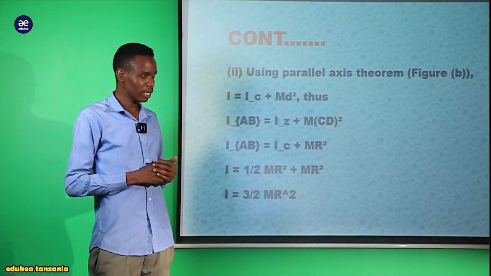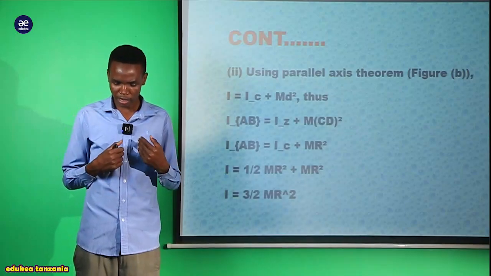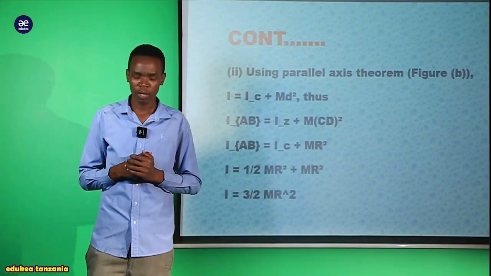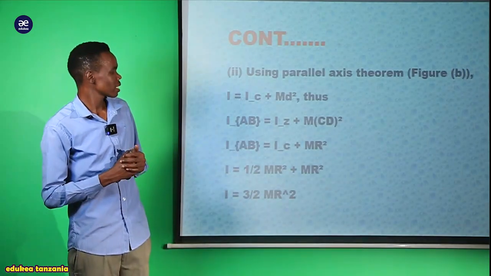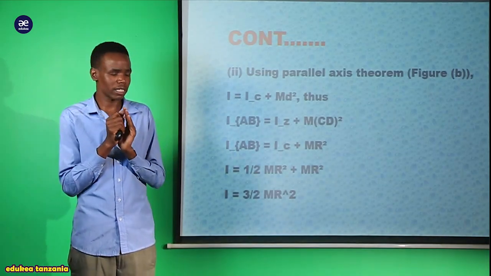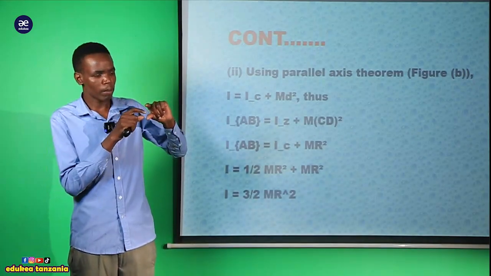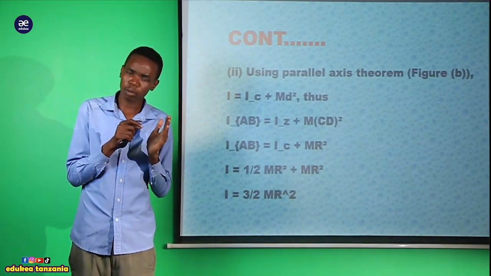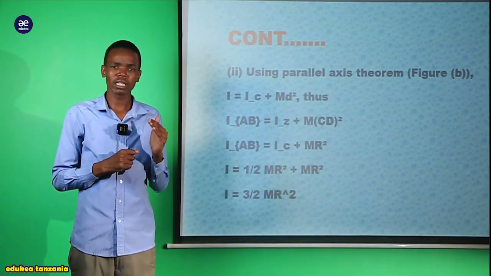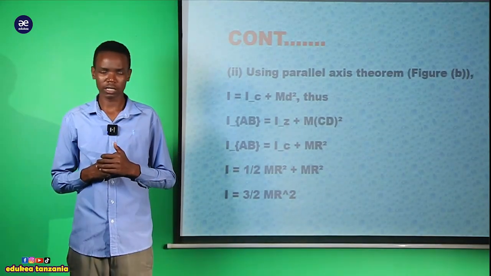So after this one, let us proceed with using the parallel axis. We have been asked to use the parallel axis theorem to demonstrate the moment of inertia. For the parallel axis, it is similar, my dear student. The parallel axis theorem says that the moment of inertia through any axis of a rigid body is equal to the moment of inertia through the center, then we add the mass times the square of the distance, as we saw in our past lectures.